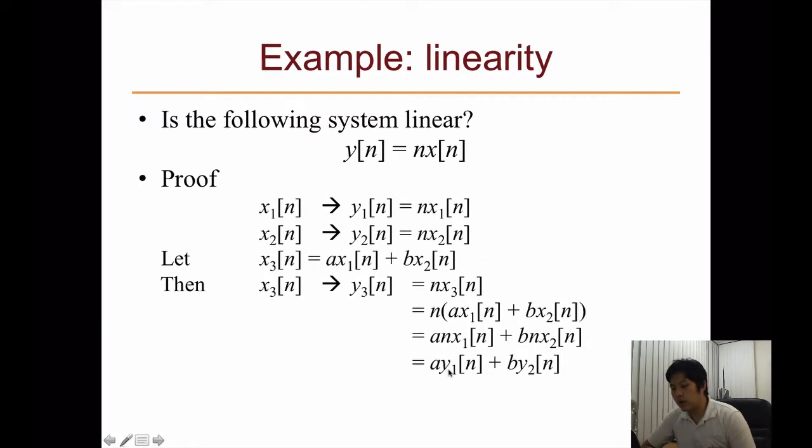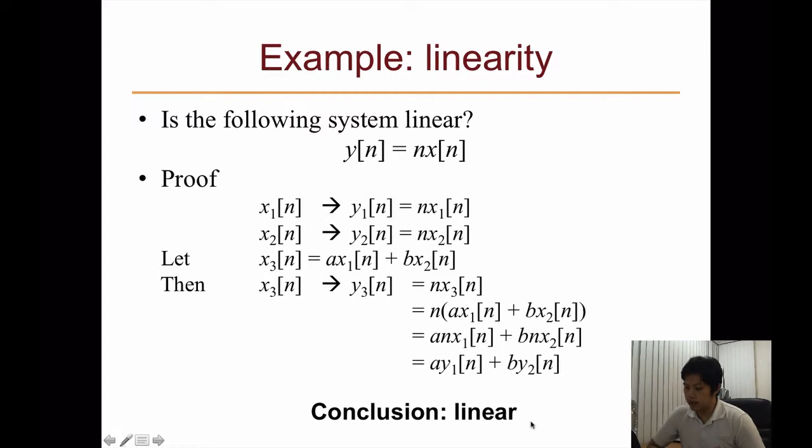So this is a y1[n] plus b y2[n]. This means that this system is linear, because giving small inputs to the system is equivalent to giving a big combined input to the system.